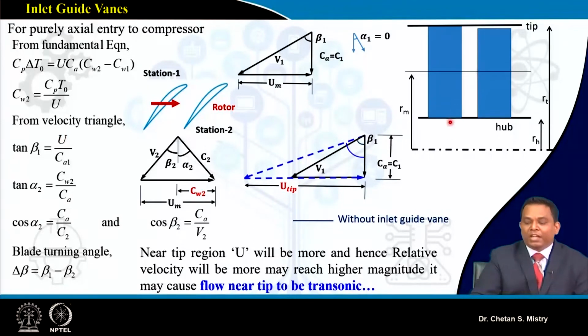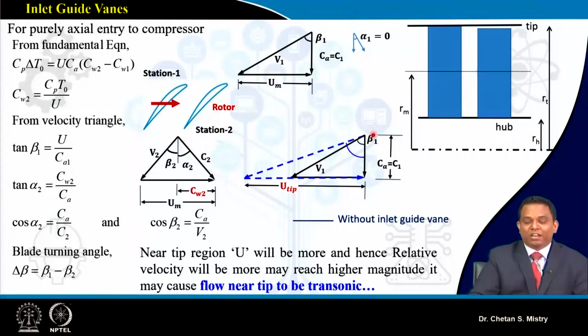So you can say at the half station, at mid station and tip station, you can calculate what will be our beta 1. Similarly, we will be calculating our alpha 2 and we will be calculating what is our delta beta. Now what we learn, with increase of our radius, we have an increase of peripheral speed.